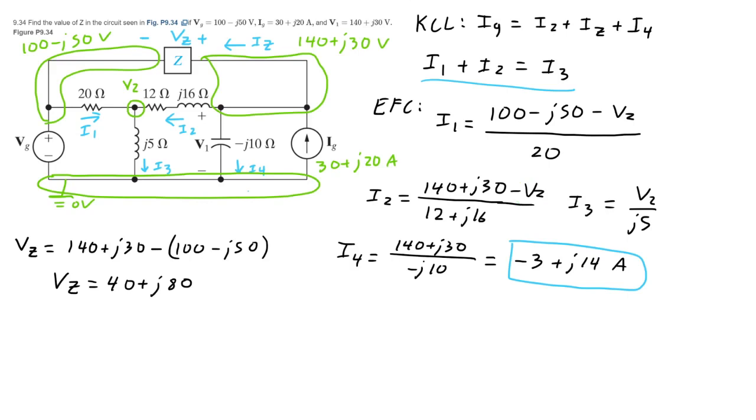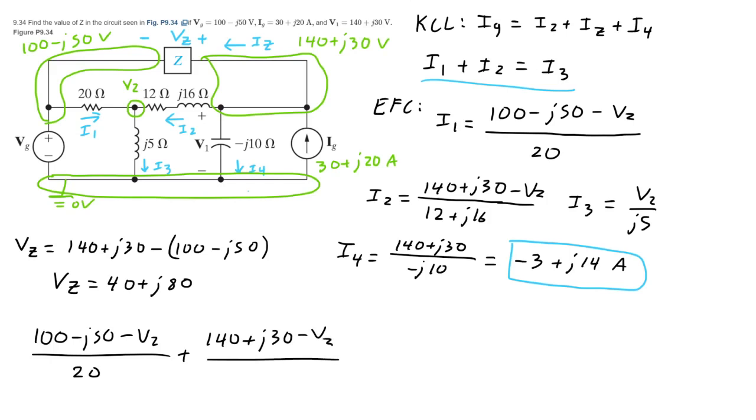If we use our second KCL equation, I1 plus I2 equals I3, we're going to have 100 minus j50 minus V2 over 20 plus 140 plus 30j minus V2 over 12 plus j16. If you're curious where this came from, I just added up these two impedances.